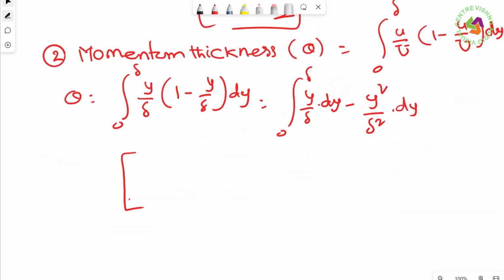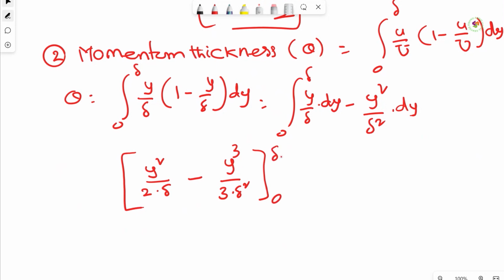If I integrate, it is y squared by 2 delta minus y cubed by 3 delta squared, from 0 to delta. So delta squared by 2 delta minus delta cubed by 3 delta squared.